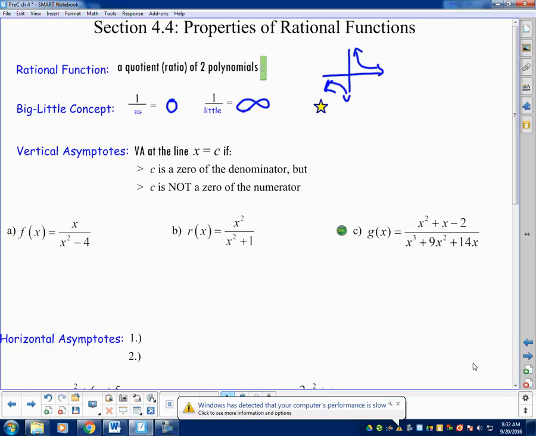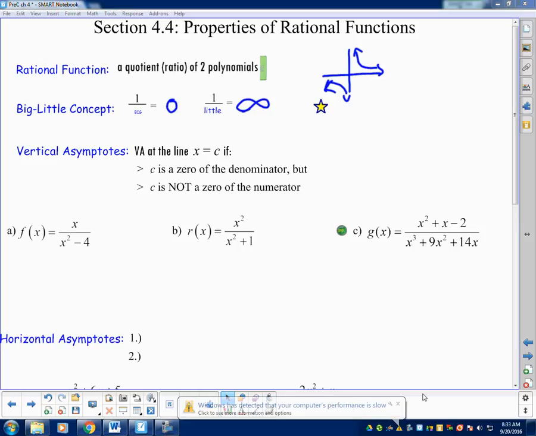If c is a 0 of the denominator and the numerator, we call that a removable discontinuity. So it has to be something that cannot be canceled with a factor in the top. So c is a 0 of the denominator, but that same value c is not a 0 of the numerator to be a vertical asymptote.